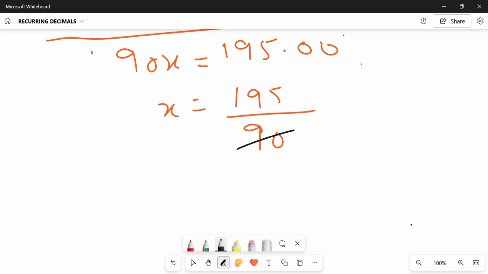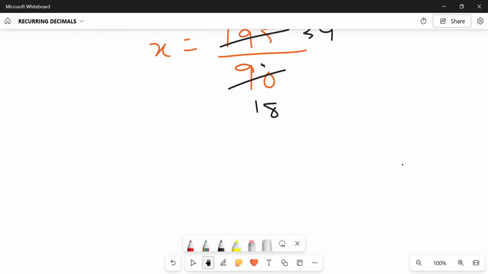So 5 ones are 5, remainder 4. So it becomes 40, 5 8s are 40. Now 5 3s are 15. I'm taking these two digits, 19 minus 15 gives me 4, 45, and 5 9s are 45 here.